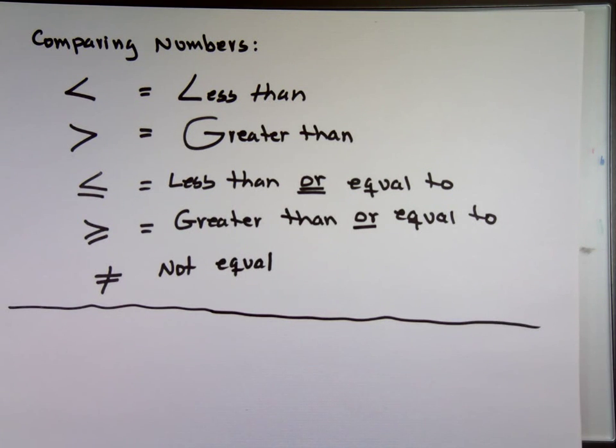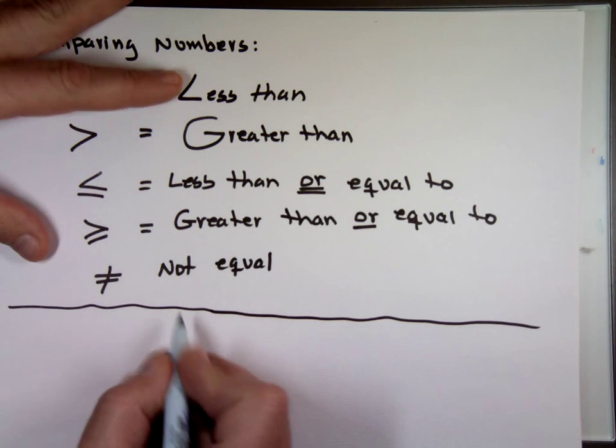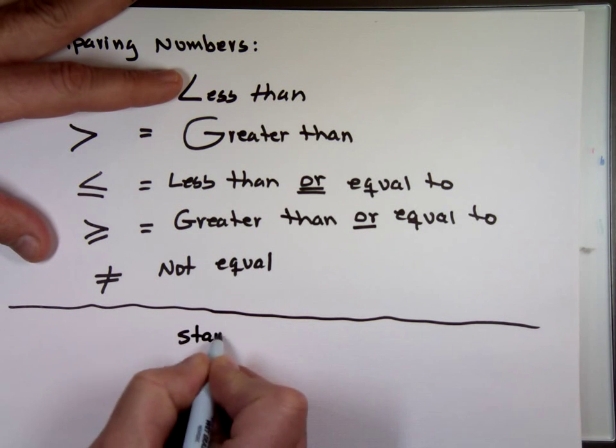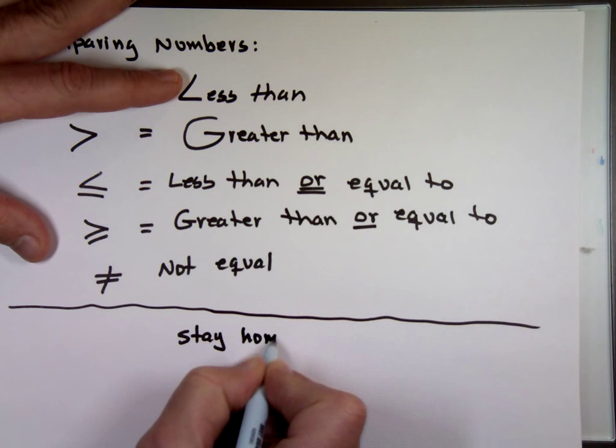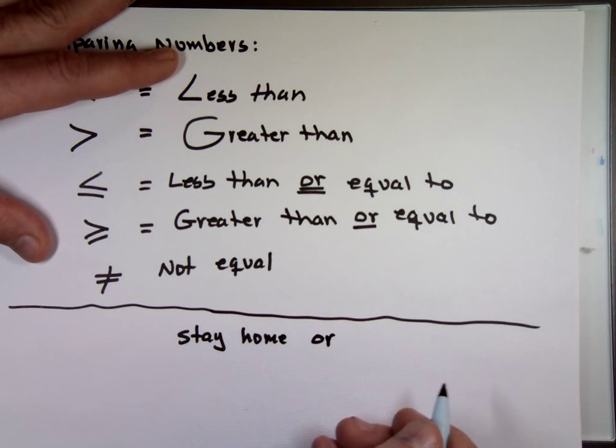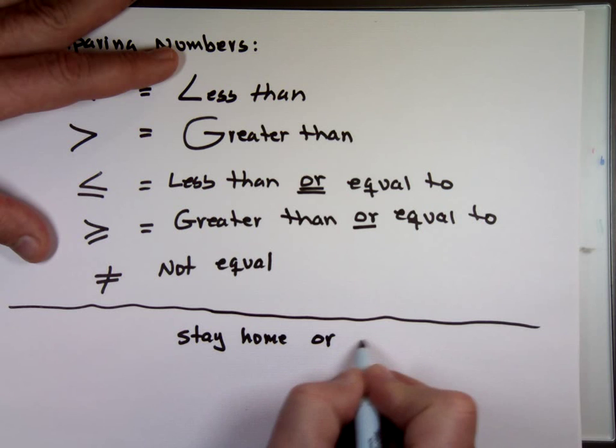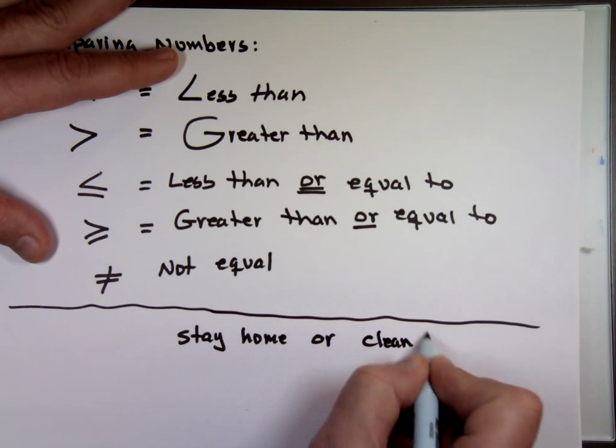Let's say you get in trouble at home, and mom is really mad at you. You took the keys and went somewhere, and mom is not happy with you now. So she goes, okay, your punishment today, you either stay home, you can't go out tonight, or clean the garage. The shed, the garage, whatever.